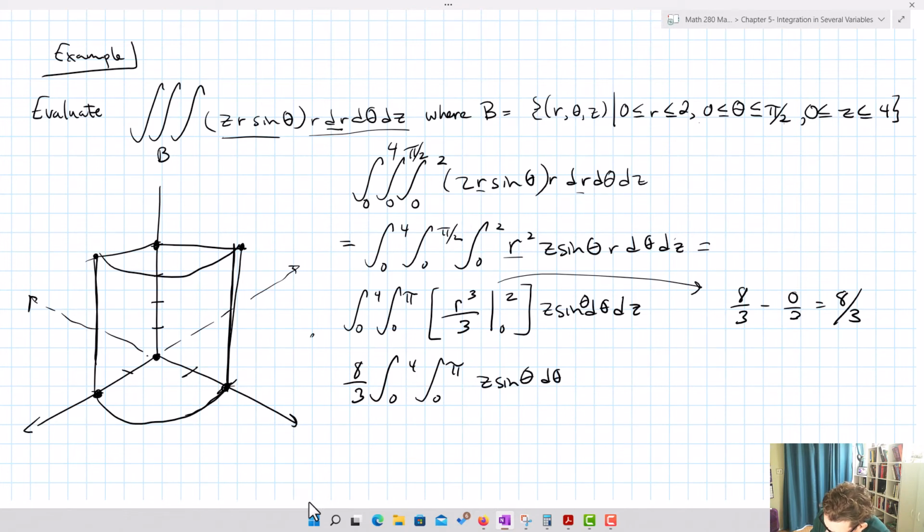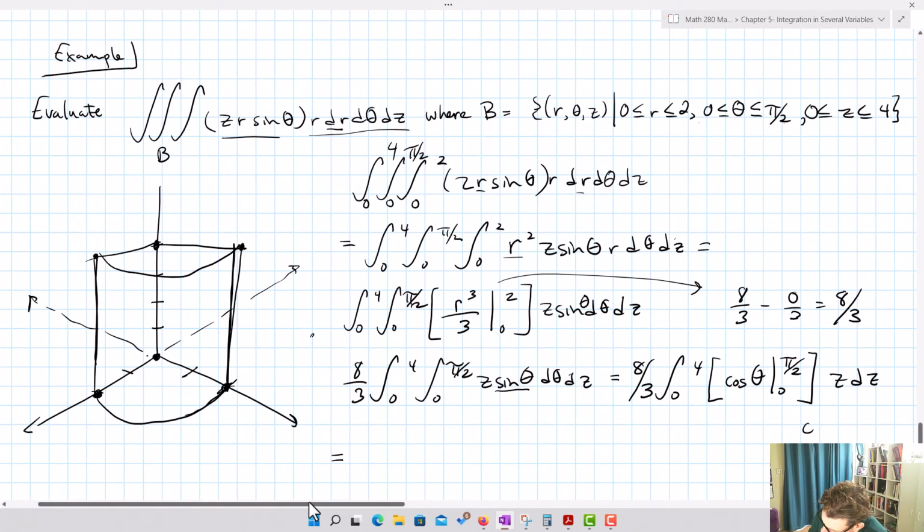Now we're just going to integrate with respect to theta. The integral of the sine of theta is going to end up equaling negative cosine theta. So this is 8/3 times the integral from 0 to 4 of negative cosine theta evaluated from 0 to pi over 2, and then z dz.